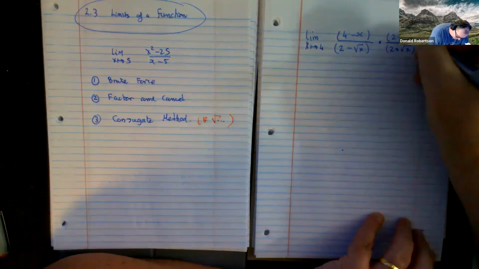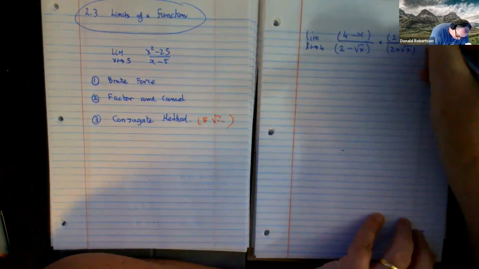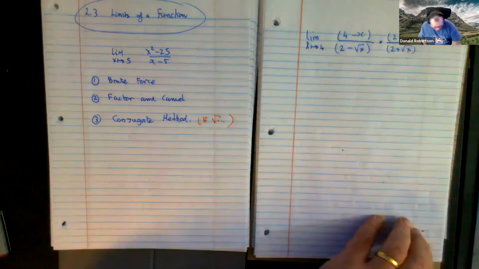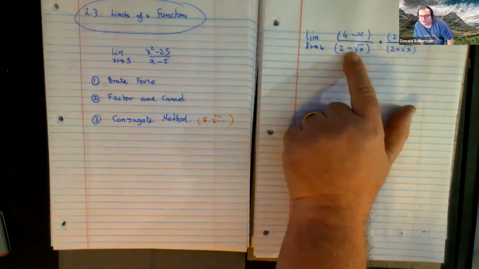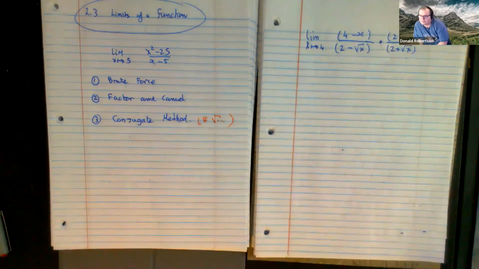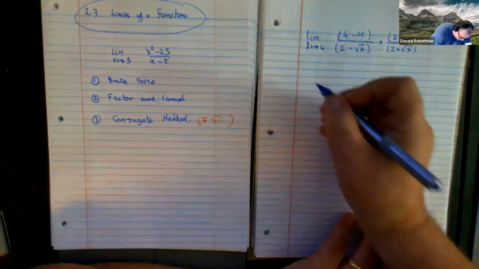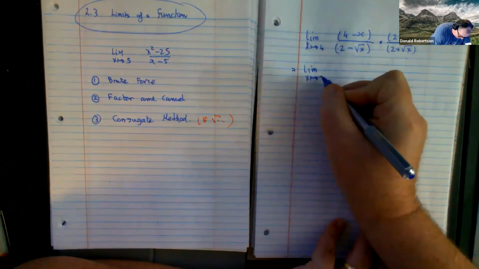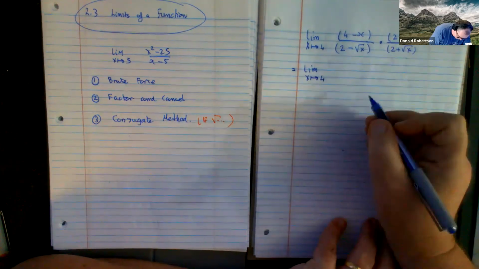This term here is called the conjugate. Now look how it works. It's the same as the term that's got the square root, but the negative is turned into a positive. And you might think, well, that's just made the question worse, not better. But it actually helps a lot. It makes things come out really nicely.